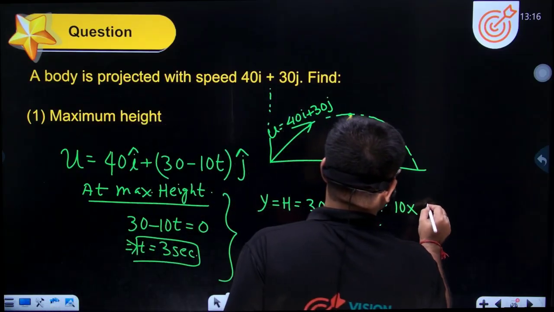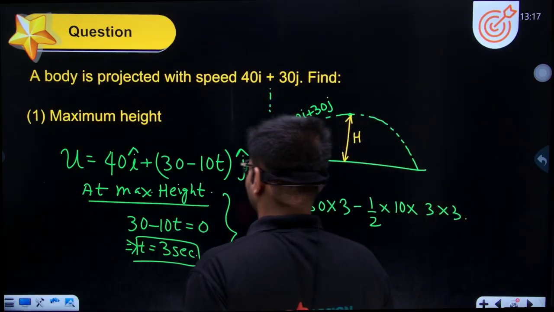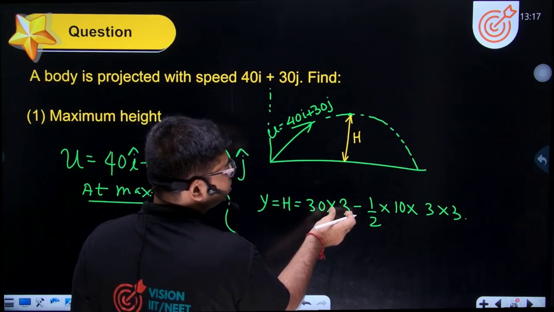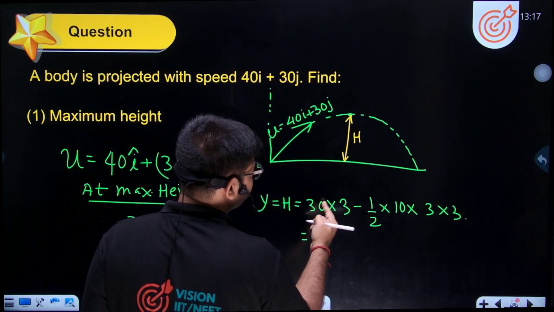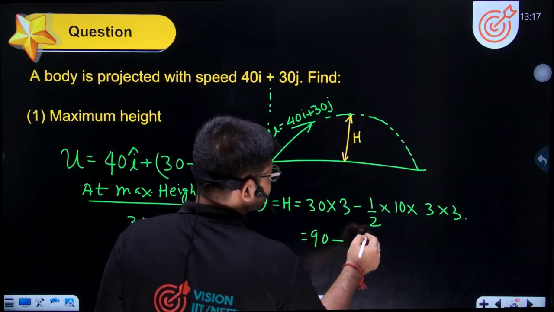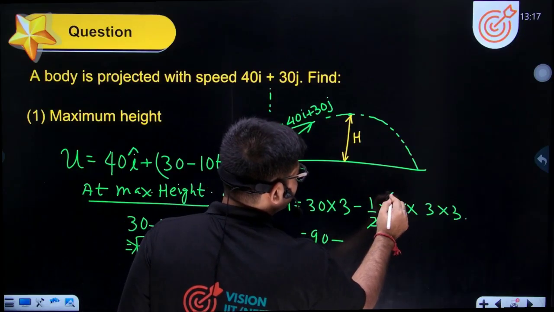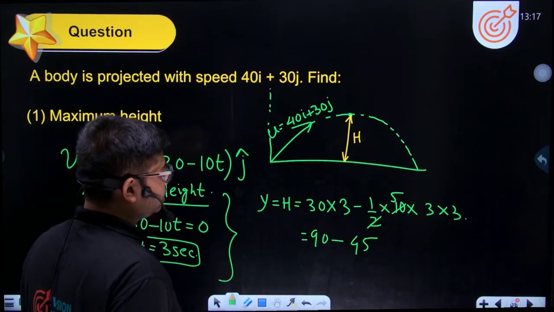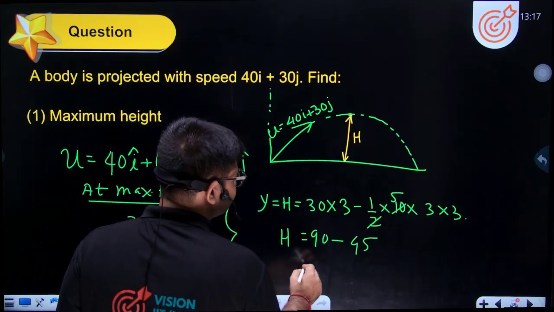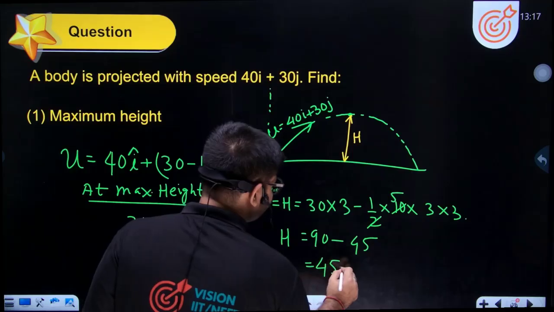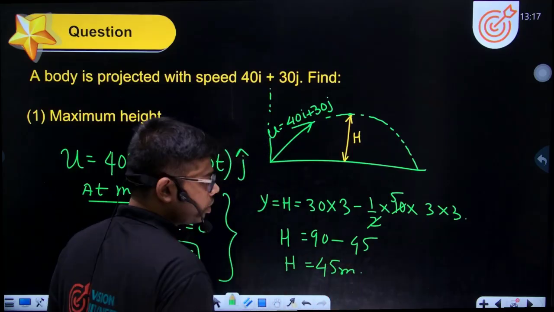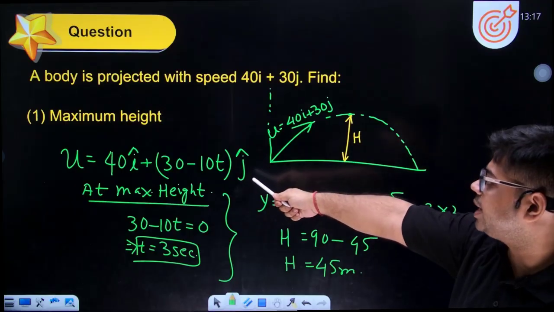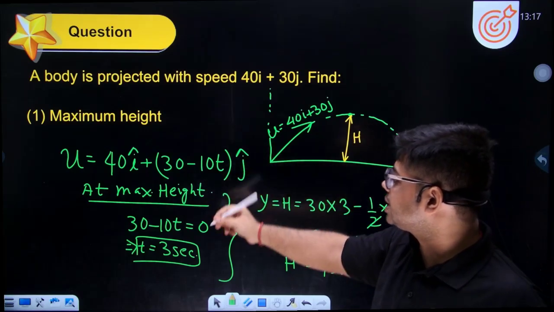So this is 3 into 3 t square, that means s is equal to ut minus half g t square. So this is going to be 90 minus 45. So your maximum height is going to be 45 meters. H is the maximum height. This is how we have found it out.